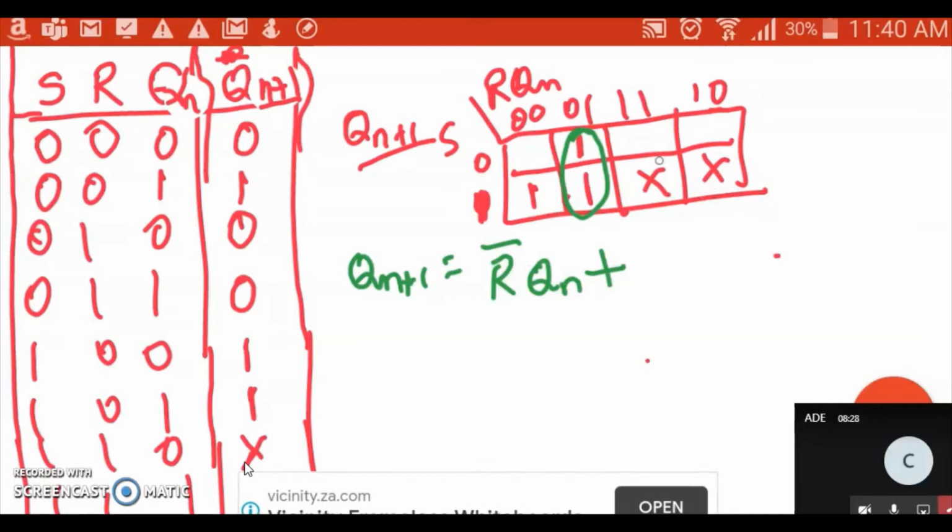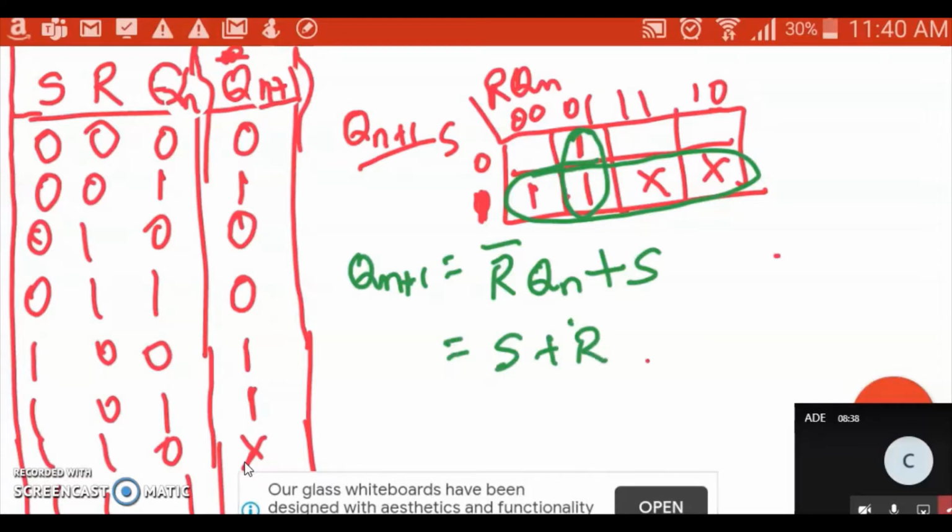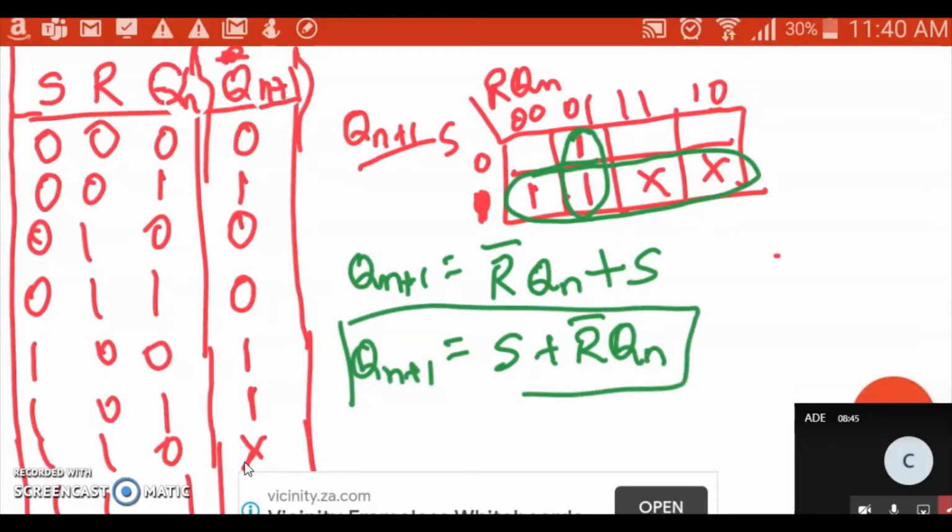I can make all 4 in one group, so I'll make all 4 in one group. The result here is S. Instead of writing like this, I just rewrite it: S plus R bar Qn is the expression for Qn plus 1. This is called the characteristic equation of an SR flip-flop.